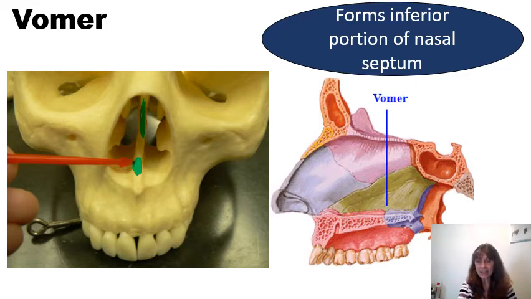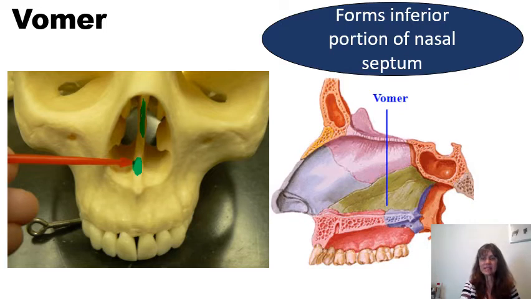I really like this view on the lateral picture on your right-hand side. The vomer is outlined in green. It literally means plow, so it appears as if it's plowing through. And again, you can get a much better appreciation for the vomer.